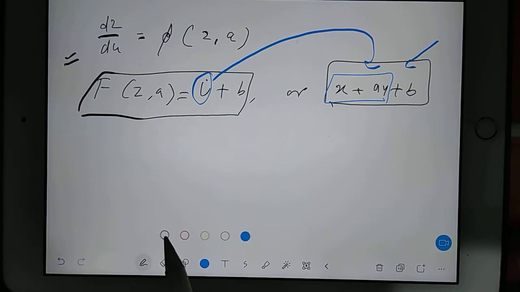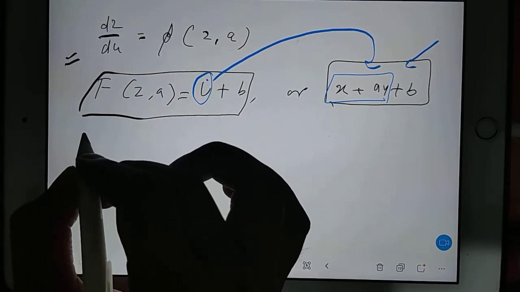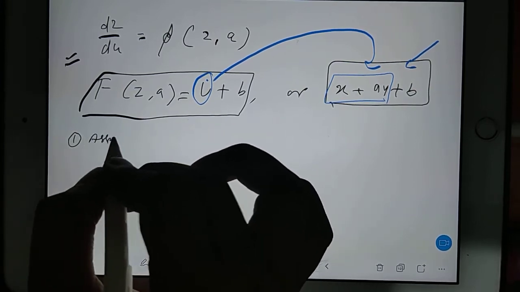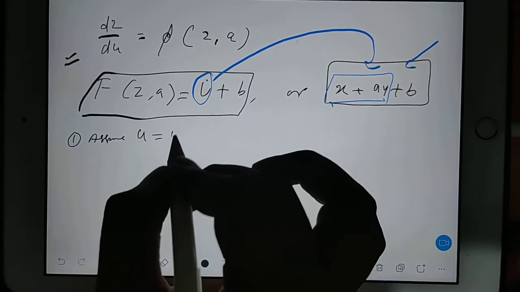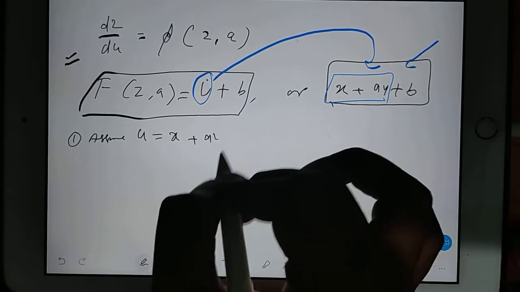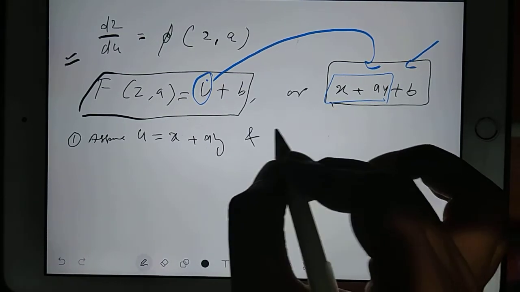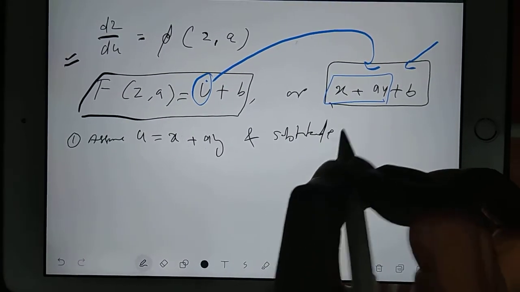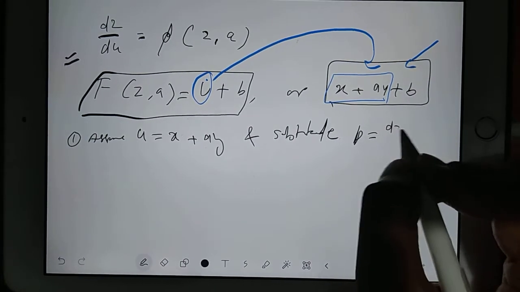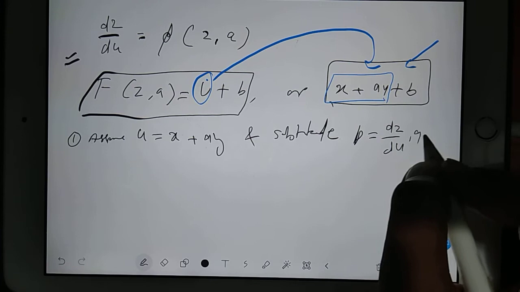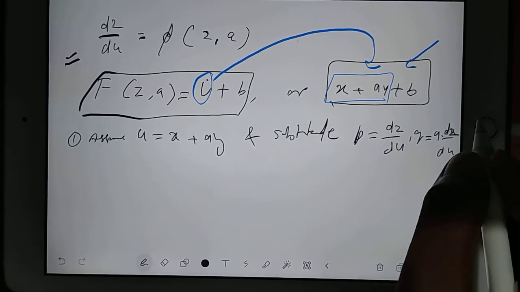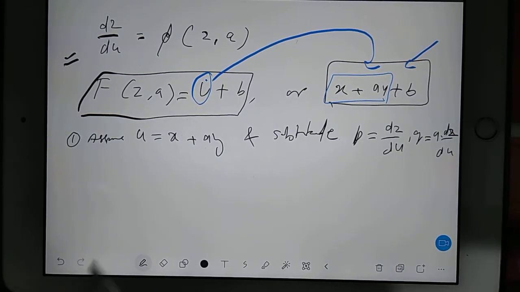So actually some assumptions are there. So point 1, assume your u is equal to x plus ay, and then what we have to do, steps I am giving, substitute small p is equal to dz by du, small q is equal to a times dz by du in the given equation.